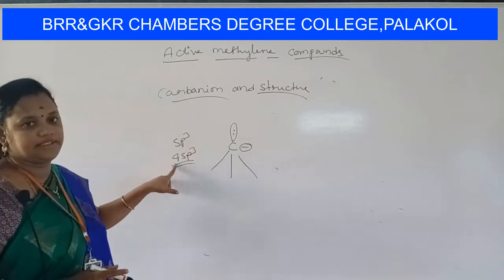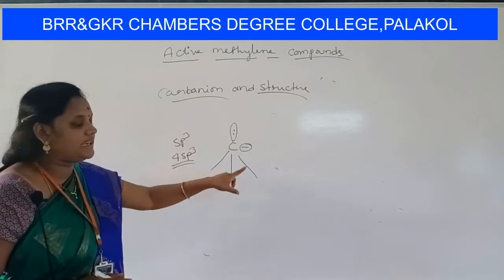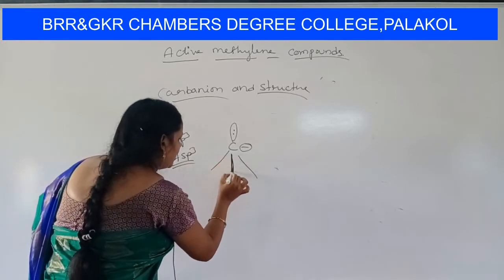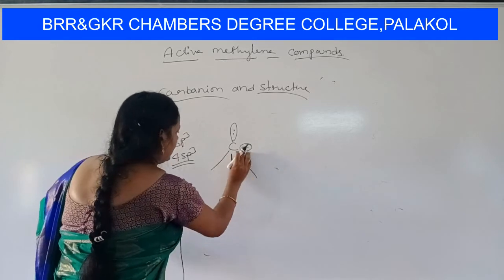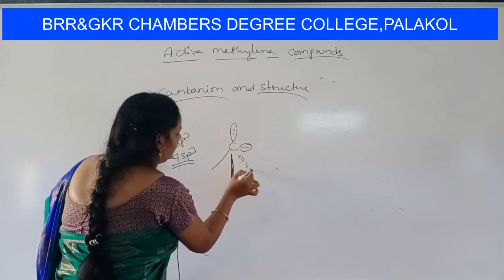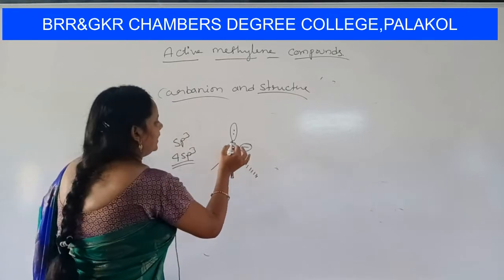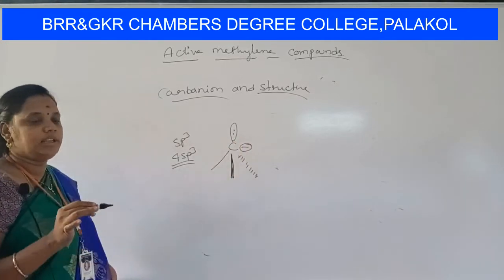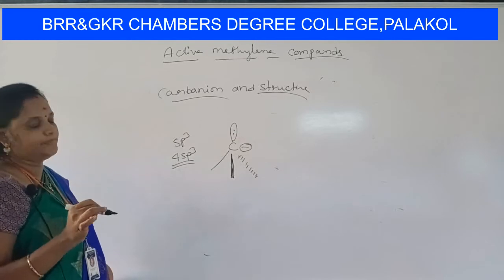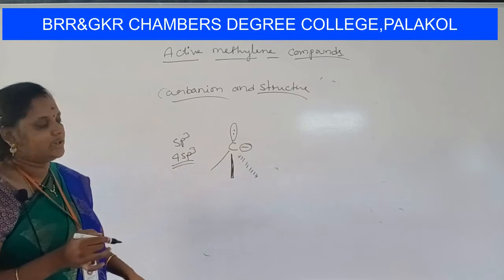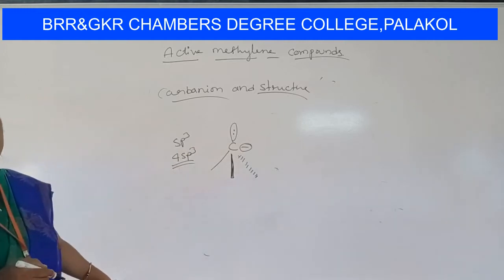Out of these, 3 sp3 hybrid orbitals are bonded to 3 other atoms, whereas the 4th sp3 hybrid orbital is occupied as a lone pair, and in addition you will have a minus charge. Hence it is an electron rich species.